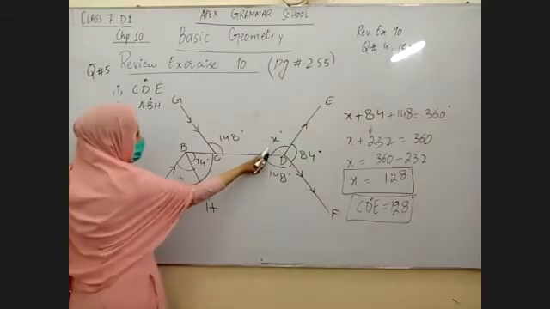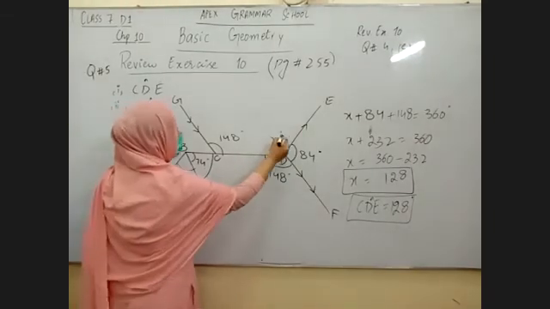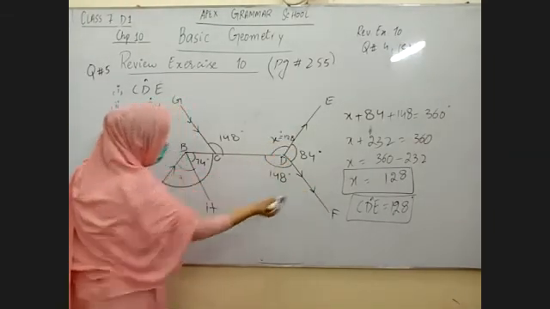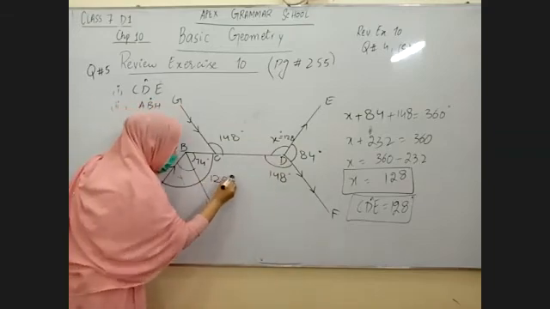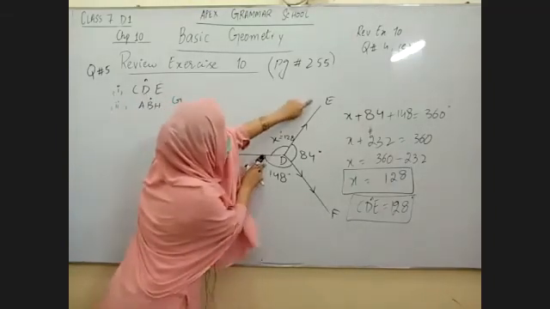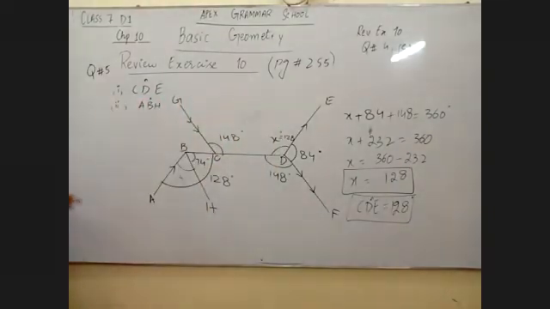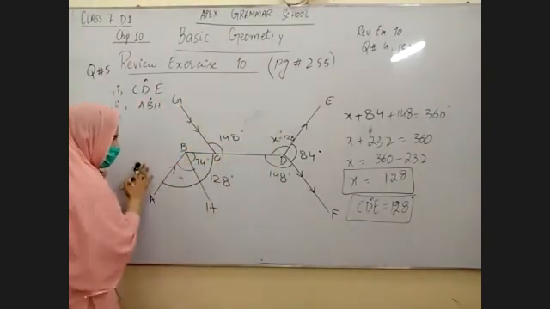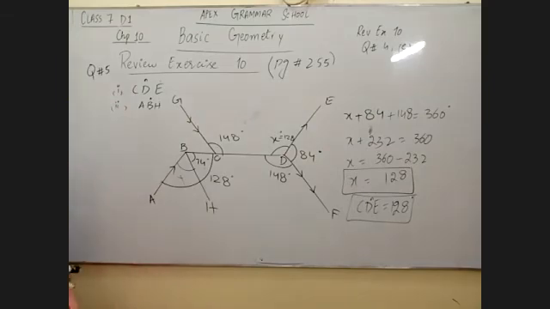So this x degrees, which was 128 that we calculated right now, this angle will also be 128 degrees because they are vertically opposite. The reason is that AB and DE are parallel lines. That is why this 128 and this complete angle will be 128 degrees.